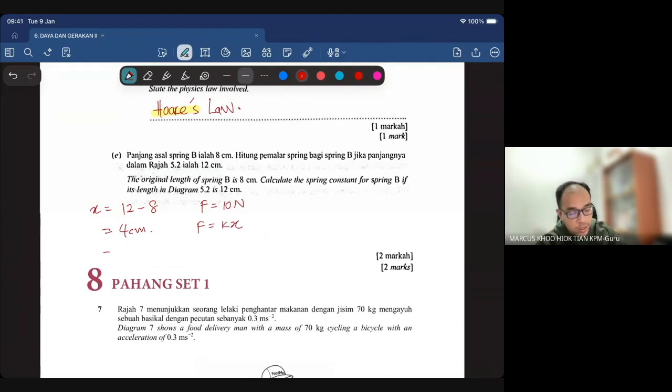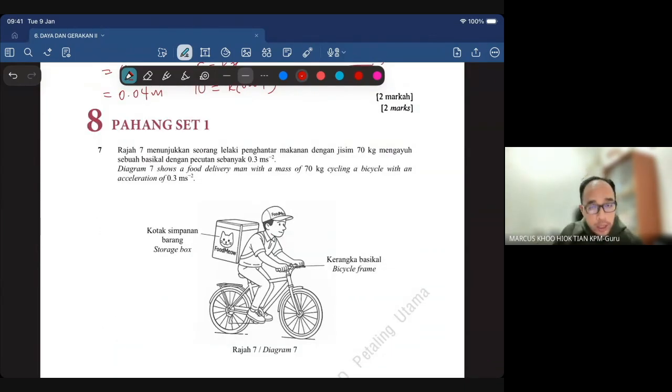I'm going to change the x to 0.04 meters, just to be consistent with this. So 10 equals k times 0.04, which will give me k equals 250 Newton per meter.